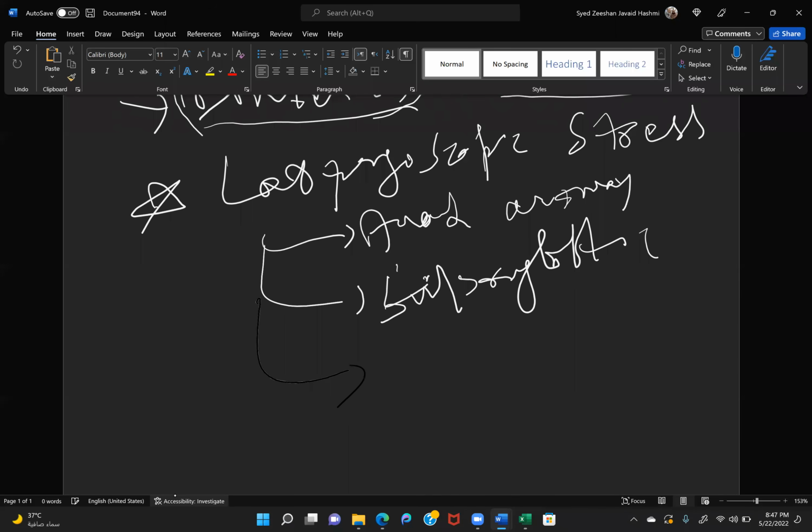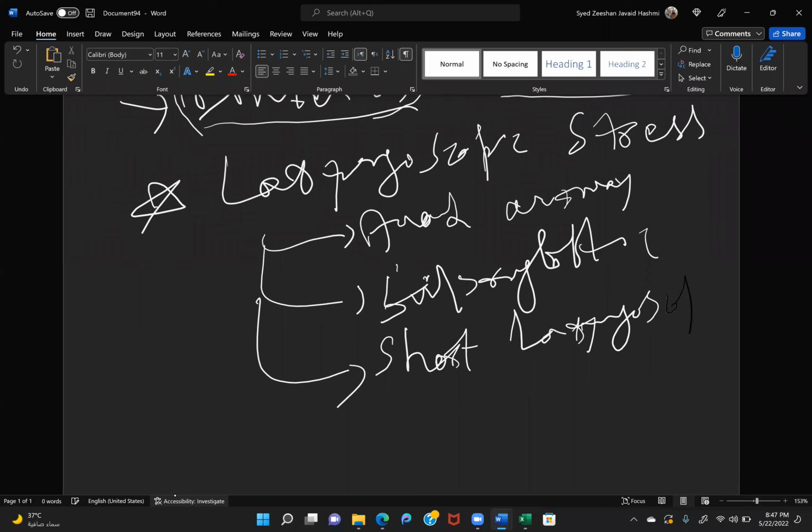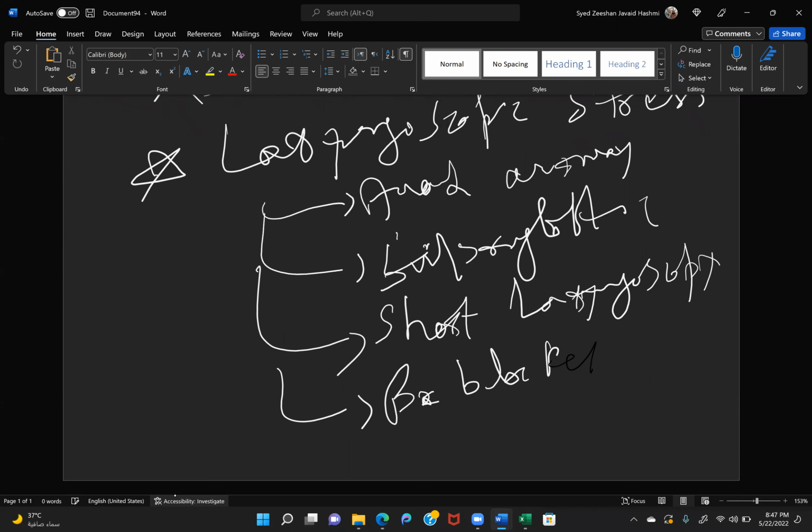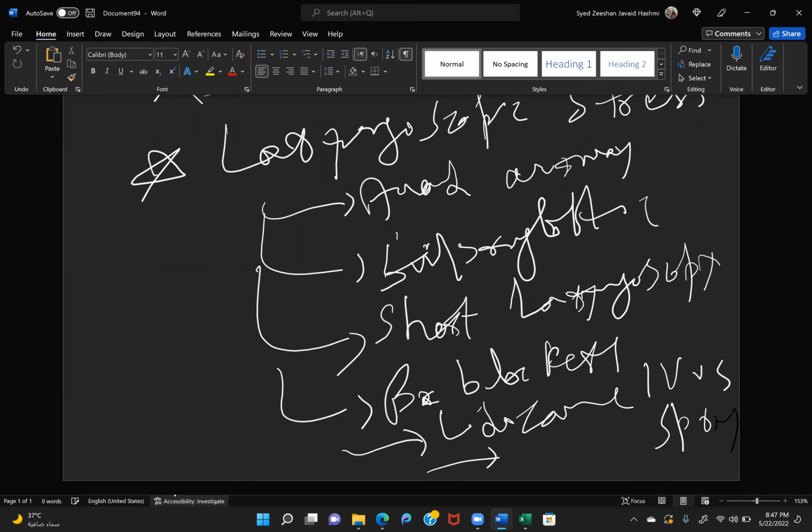What will be the first thing? Short laryngoscopy time. Then what else? Beta blockers. What else? IV lignocaine prior to induction. Lidocaine IV versus spray. What else?